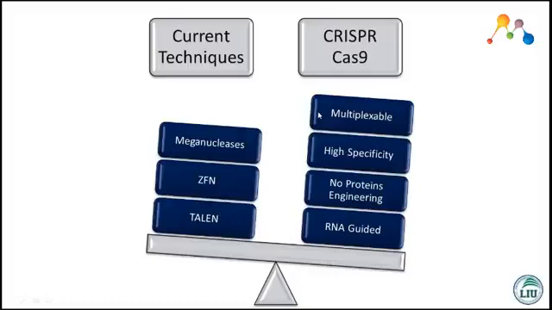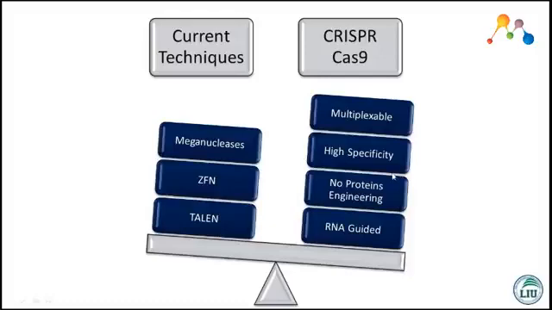In contrast, the CRISPR-Cas9 is essentially RNA-guided, so we need an RNA. There is no protein engineering required, so its time and cost are better than these techniques, and it does not need a long time.